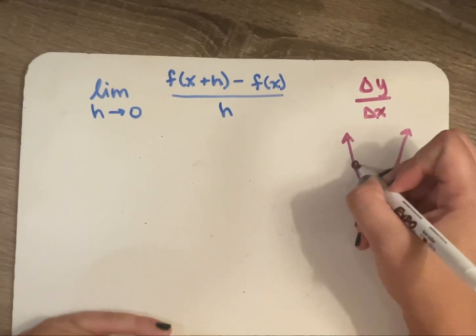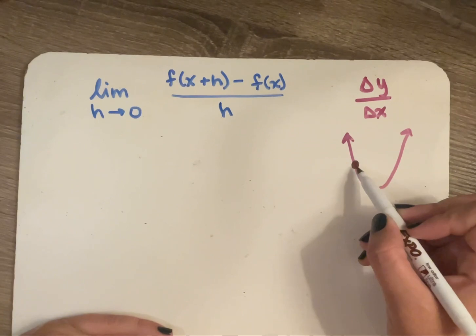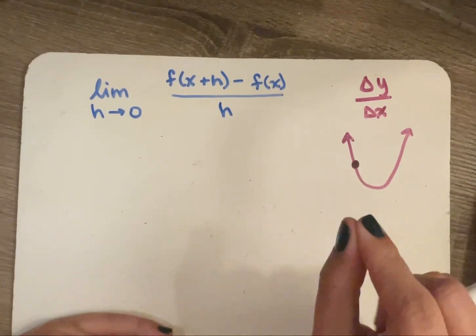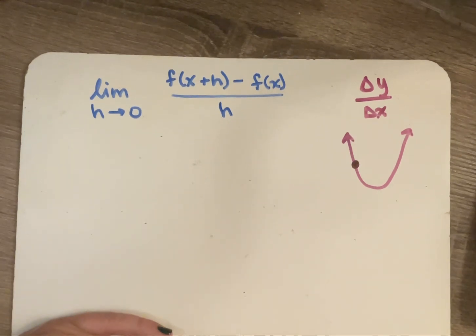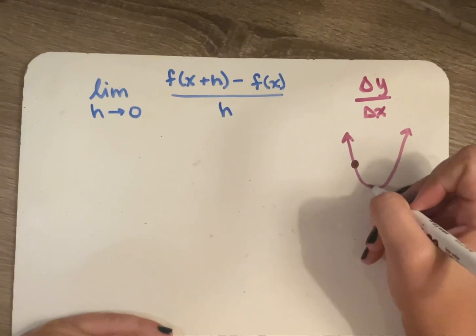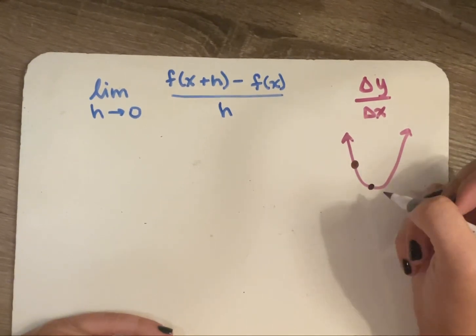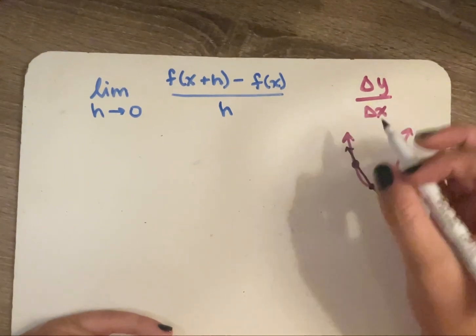Now visually, we talked about this like if I have a parabola, and let's say that I have a point here, and I'm trying to approximate what the slope is at this point. The slope at just a single point is called the instantaneous rate of change. To figure out what that is, we imagine that there's another point on this parabola. The secant line going through them looks like this.